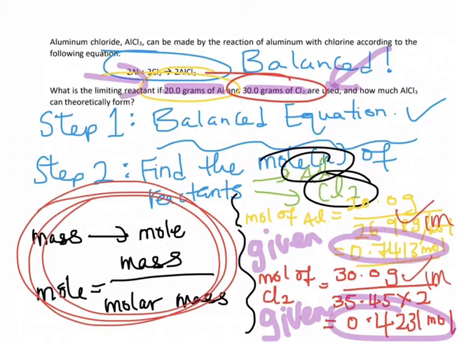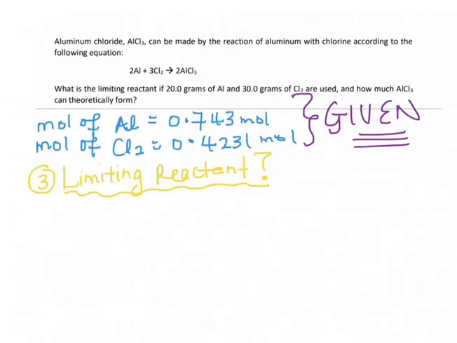Okay, then you will get at least 2 marks over there. Right, now let's move on to the next one. Okay, so as you can see, these are the given moles that we worked out just now.